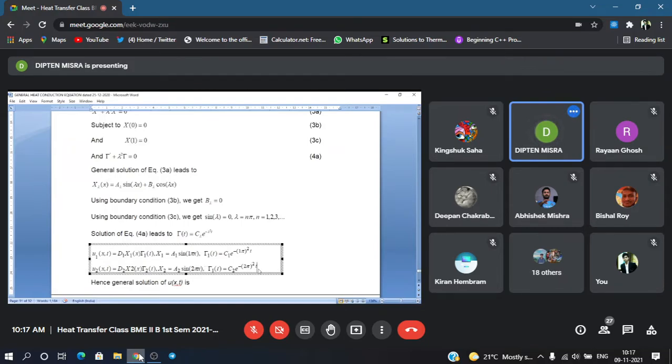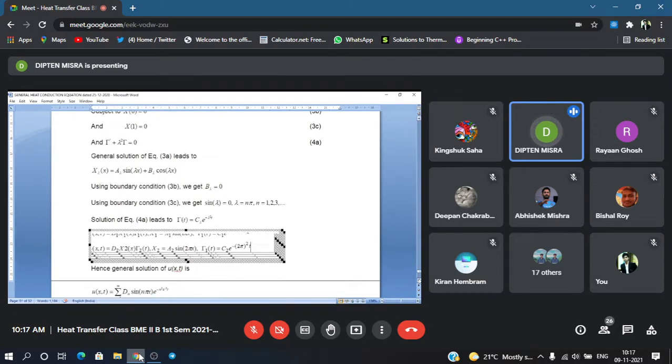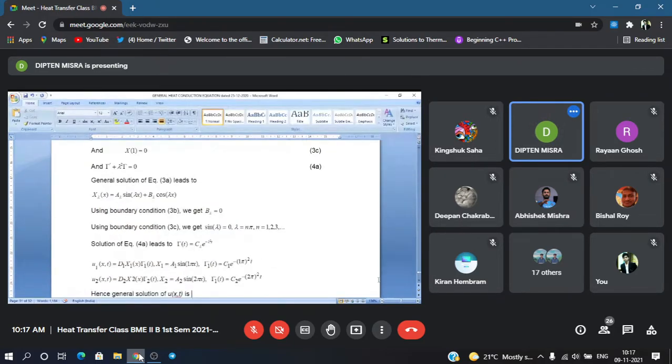So we have different solutions for u1, u2, u3, like that. Now, not only is u1 a solution, u2 a solution, u3 a solution, but if we combine all of them, that is also a solution.